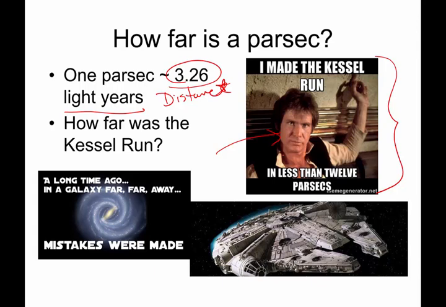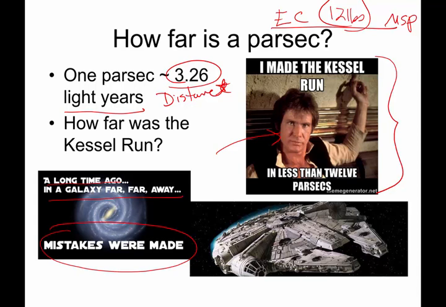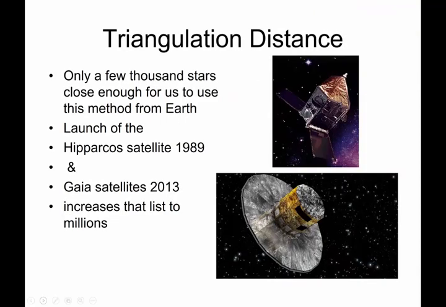It's sort of like I drove from Eau Claire to Minneapolis, St. Paul in less than 12 pounds. It doesn't make any sense because it's using the wrong units to measure what we're talking about. So, as it says, a long time ago in a galaxy far, far away, mistakes were made, but we still like Star Wars.